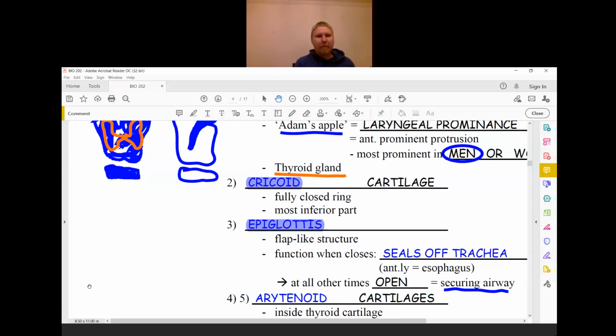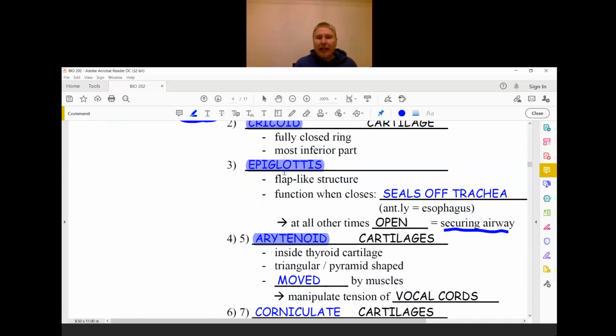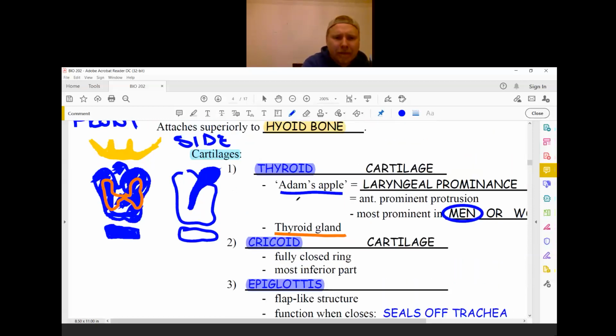So that tells us again about the importance of securing the airway, that's always open and available for the air to flow through. The next structures that I want to add and discuss with you a little bit about are going to be our arytenoids. There's going to be two of those. Again, they are located inside the thyroid cartilage. And they are, if you wish to describe them, kind of triangular or pyramid-shaped structures.